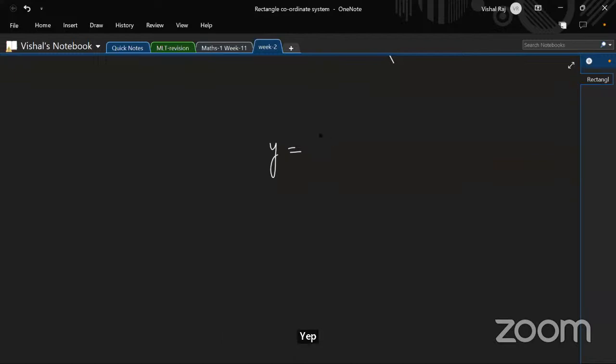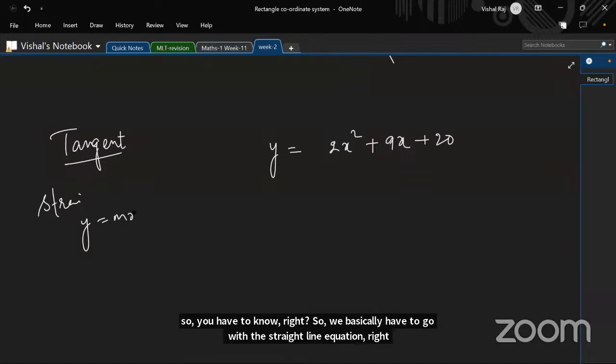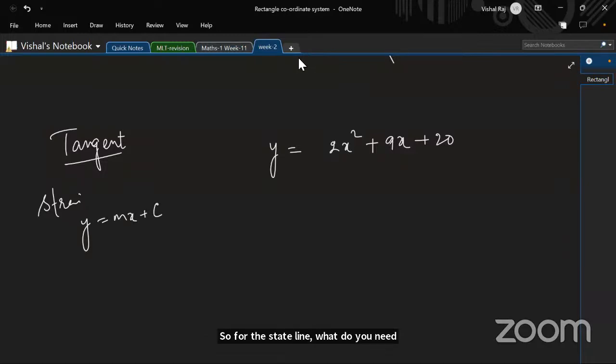You have 2x square plus 9x plus 20. At the point minus 3, 11. Yeah, so tangent you have to know, right? So basically you have to calculate the straight line equation, right? So for the straight line, what do you need? mx plus c. Okay, one second.